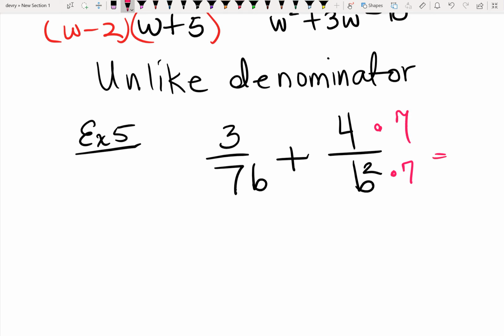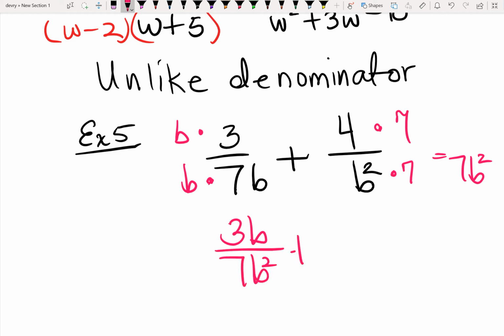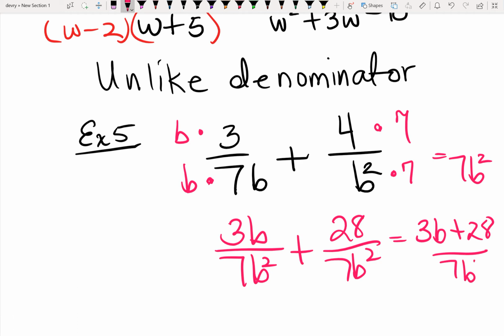If I'm going to use 7b squared, because I can't reduce it, I have to at least multiply this side by b, top and bottom. Now this works out so that we have 3b over 7b squared plus 28 over 7b squared. And so we combine our numerator values, so 3b plus 28 over 7b squared. Alright, so that's the idea behind that. So you have to build the denominator.